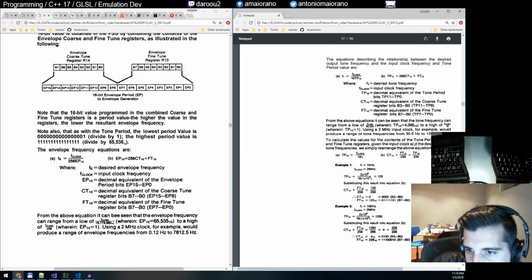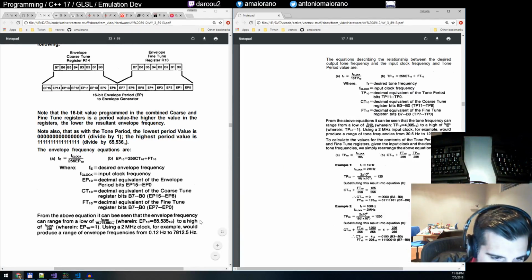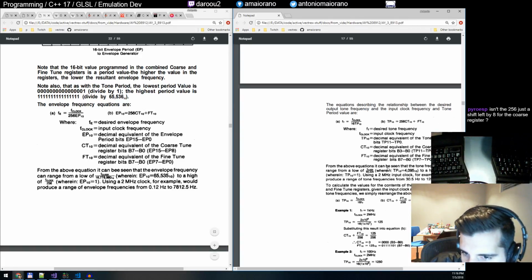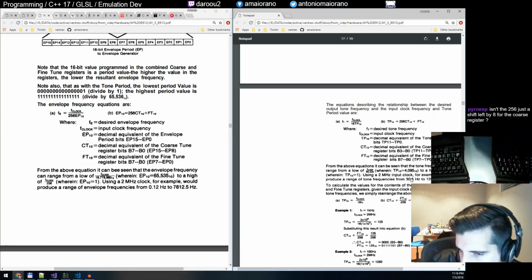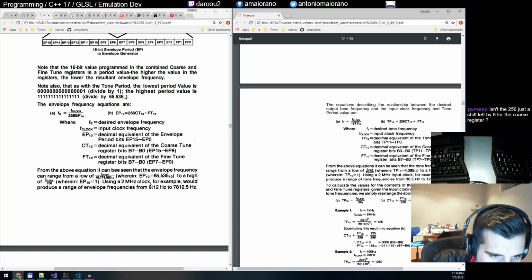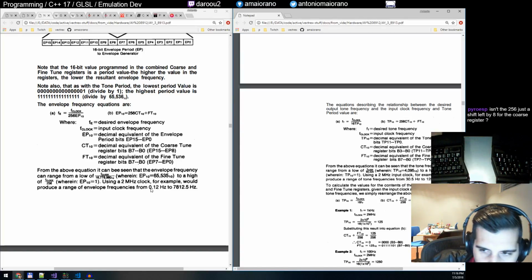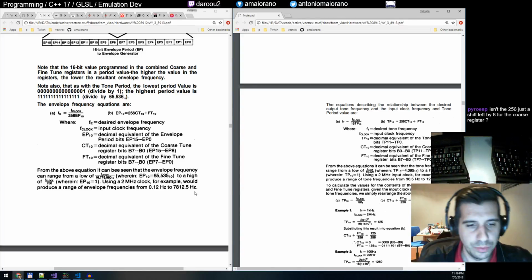Let me see, 30 to 125, and then they give an example using a 2 megahertz input clock, which is close to what we have. You would produce a range of tone frequencies from 30.5 to 125 kilohertz, and then here, because we have more bits, it would produce a range of envelope frequencies from 0.12 hertz, which is significantly slower, to a larger value.